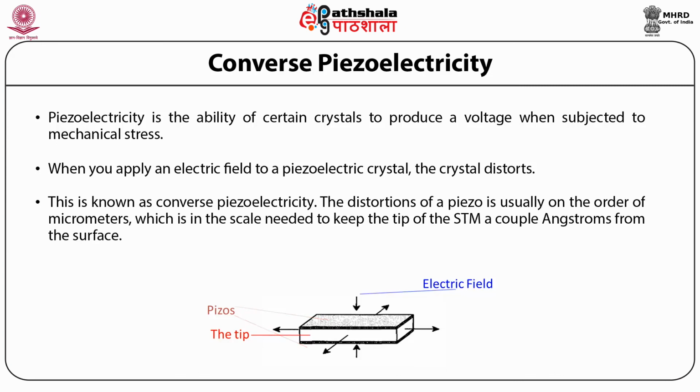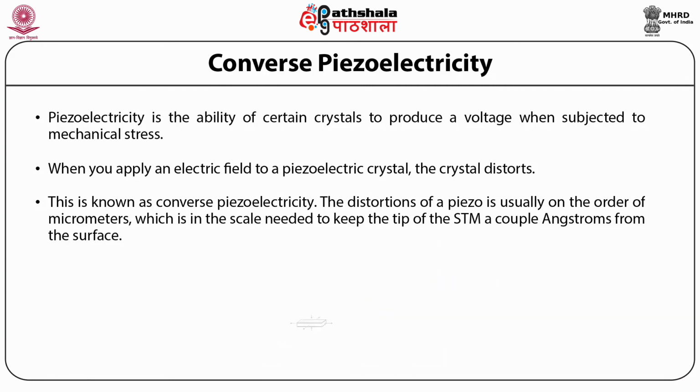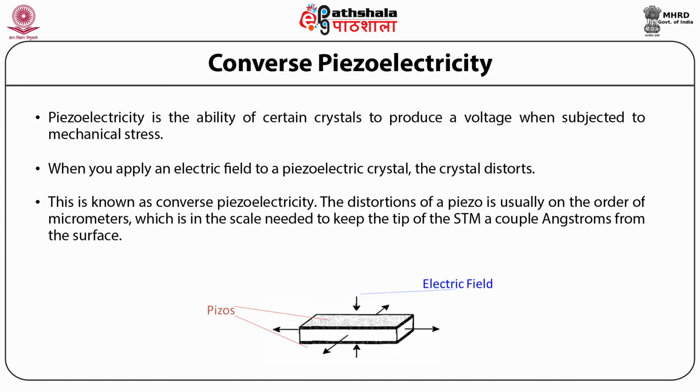This is known as converse piezoelectricity. The distortion of a piezo is usually of the order of micrometers, which is in the scale needed to keep the tip of the STM a couple of angstroms from the surface.